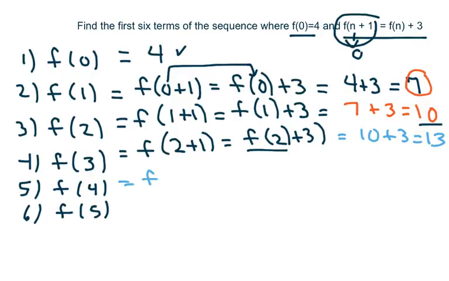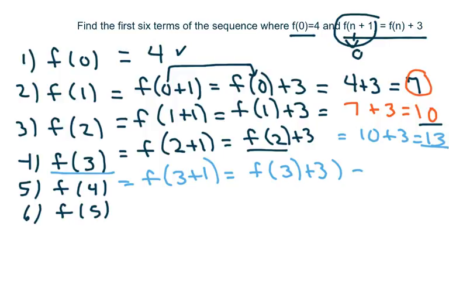All right, we have f of 3 plus 1 equals, let me erase this, this bothers me. All right, f of 3 plus 3. Well, f of 3 equals 13, so I get 13 plus 3 equals 16.